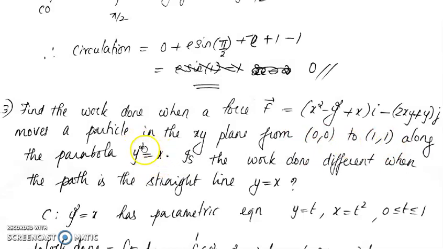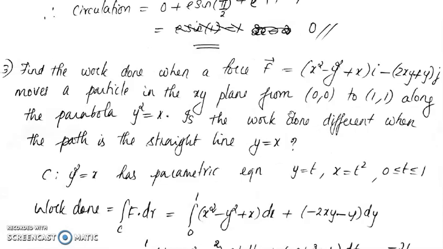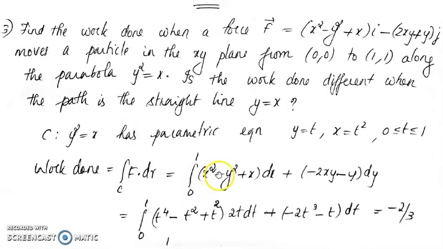The parameterization of C is, so you have y square equal to x, so put y equal to t, x equal to t square, and you know that y varies from 0 to 1. So y is equal to t, so t is varying from 0 to 1. So this is the parameterization of C. Now the work done is given by the integral over C of f dot dr. So that is the integral from 0 to 1 of (x square minus y square plus x) dx plus (minus 2xy minus y) dy.